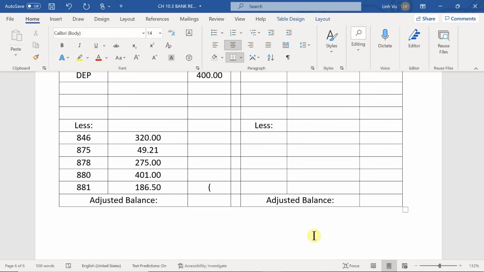How much outstanding checks do we have to subtract? In grand total, the total cost, 1,231.71. Okay. Anybody else got the same answer?